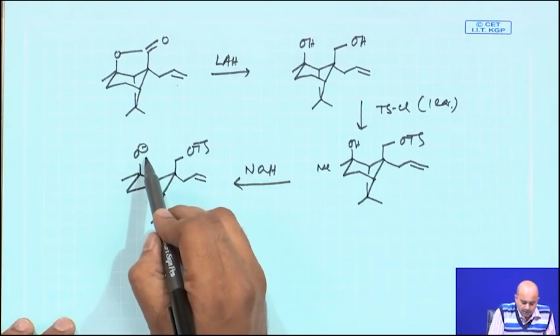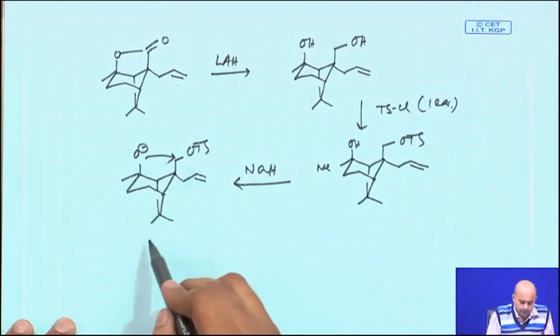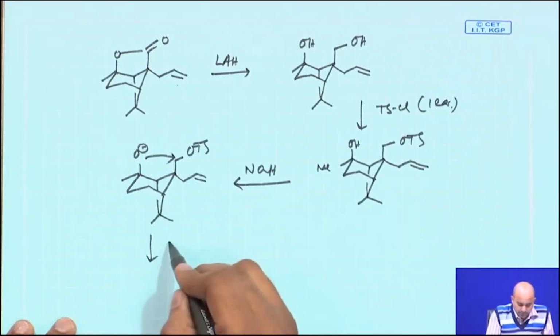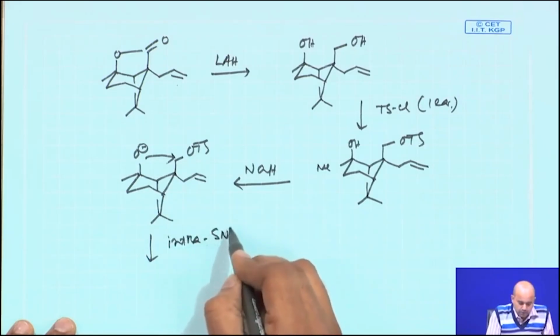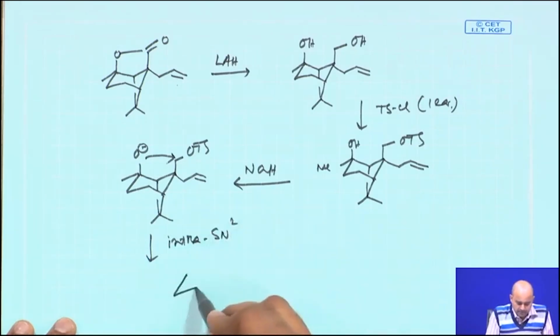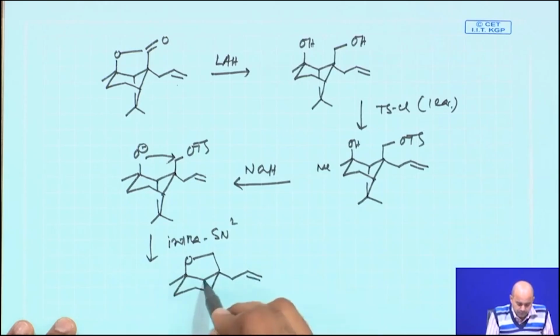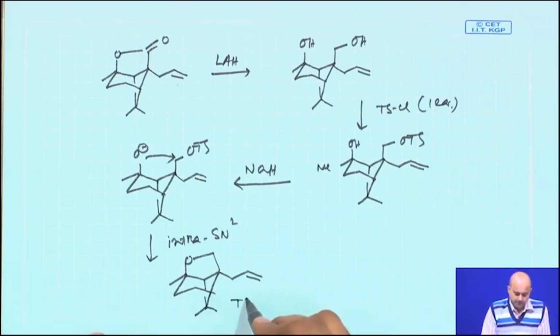Now, this O minus will attack in an SN2 fashion, an intramolecular SN2, to complete the synthesis, and then you will access the product. So, this is just a simple FGI, and this completes the synthesis.